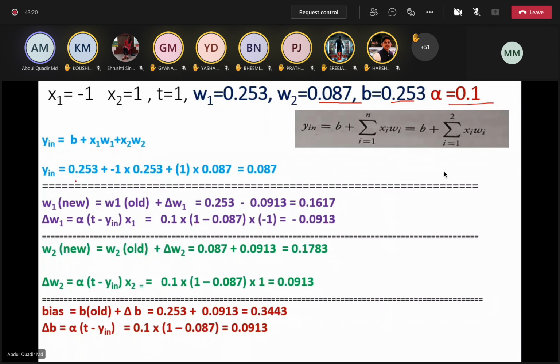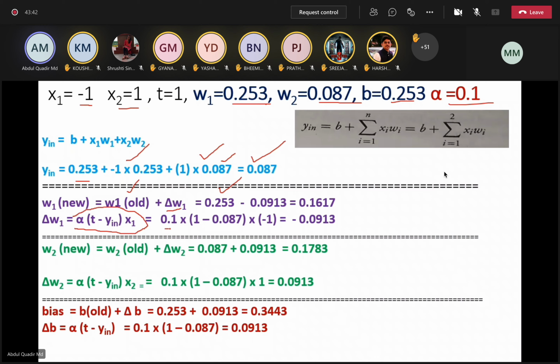So same formula. Yin equals bias plus x1 into W1, which is minus 1 into 0.253, plus x2 into W2, which is 1 into 0.087. When you do the math, I get this one. So W1 new is W1 old plus delta W1, where delta W1 is alpha into (t minus yin) into x1.